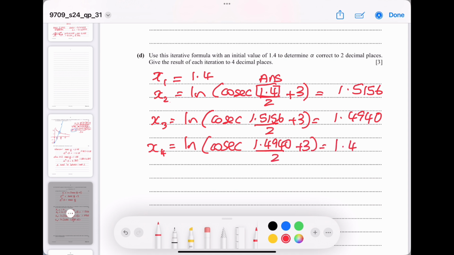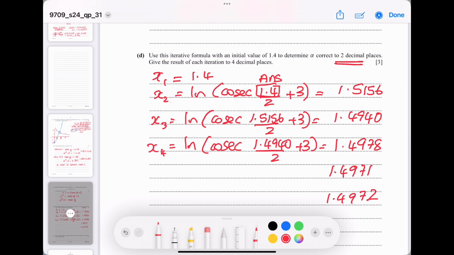So we get 1.4978. Our next value is then 1.4971, 1.4972. Remember, we're trying to establish our value correct to 2 decimal places.